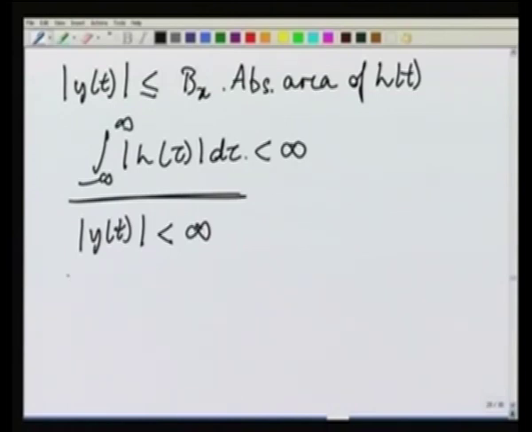In fact, we can find that y is bounded, and a bound for y can be found in the form Bx times the absolute integral of h(t).